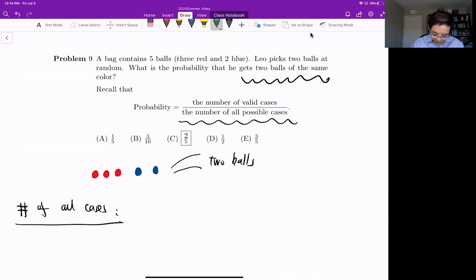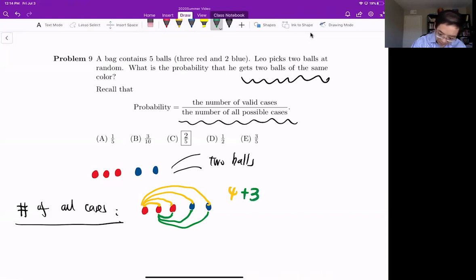Let me redraw these 5 balls and count one by one. I have 1, 2, 3, 4, so this is 4. Then I have 1, 2, 3, so plus 3.